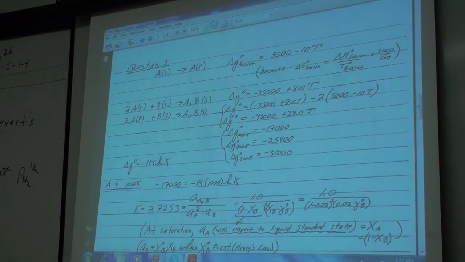All right, so I put in here then 1 minus XB is 1 minus, so it's 0.98 squared. XB times gamma B. XB is 0.02, and that's the activity coefficient of B, in the liquid but with respect to the solid standard state.